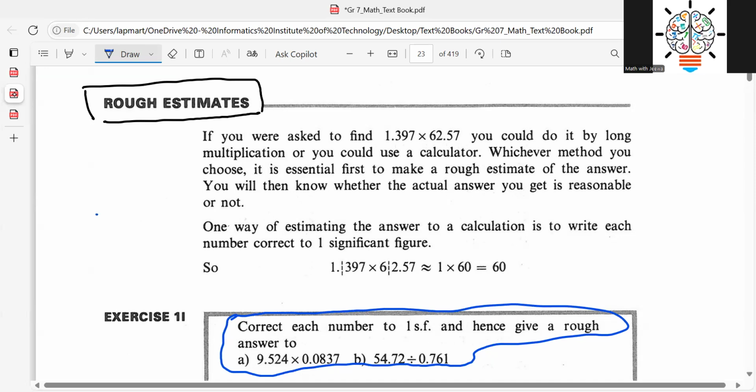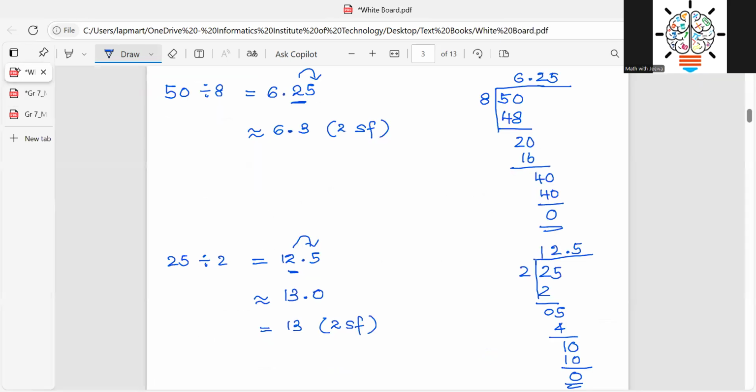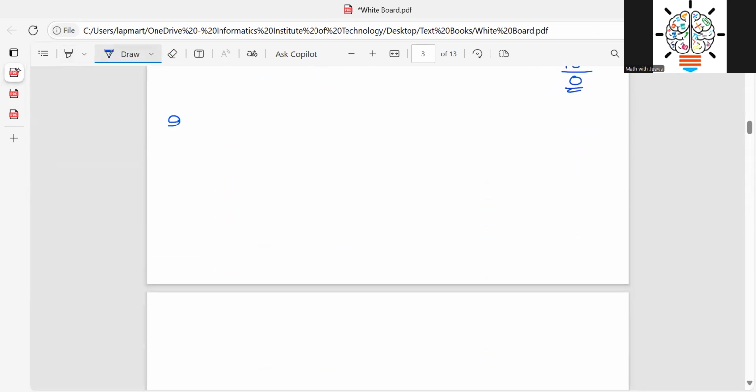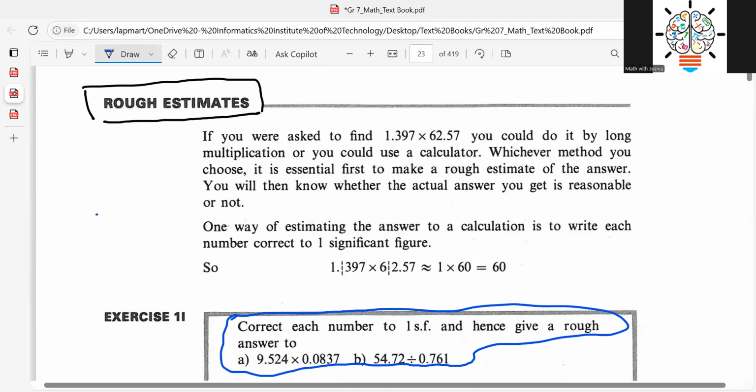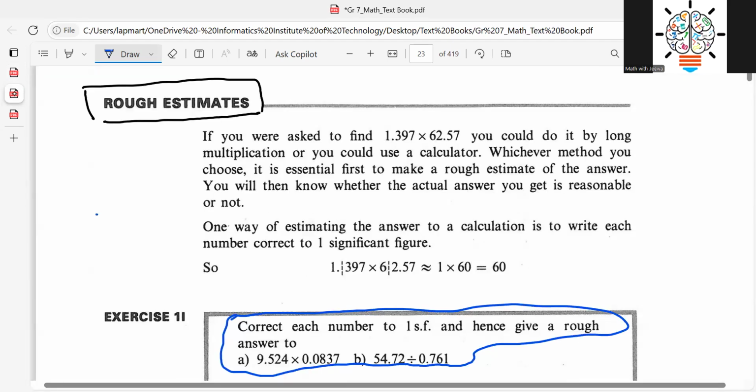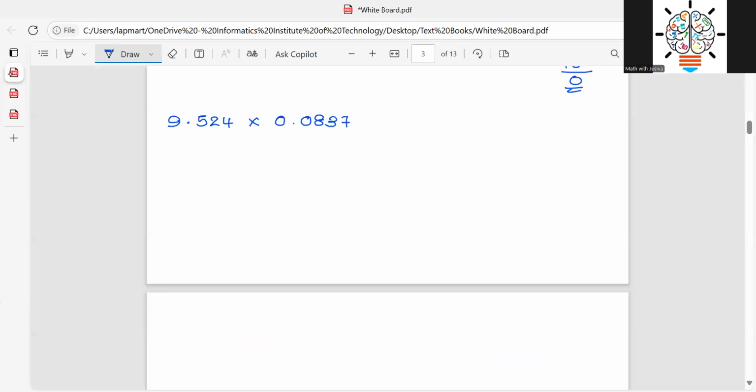Now I'll show you how to get this. It's like this. Multiplied by. Correct each number to the first significant figure, right?